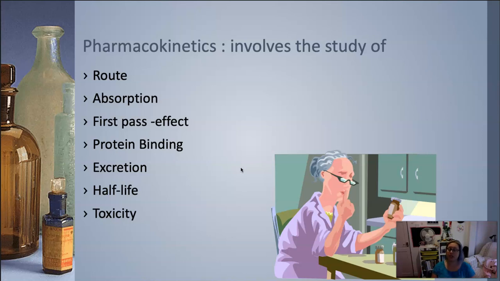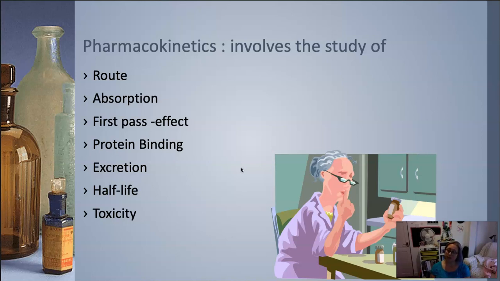Is it excreted by the exhalation process if it's inhaled? Is it excreted through other manners? Is it excreted through the bile? Is it excreted via other methods? So excretion is a really key area that we also have to think about when we're thinking about what the body does to the medication.